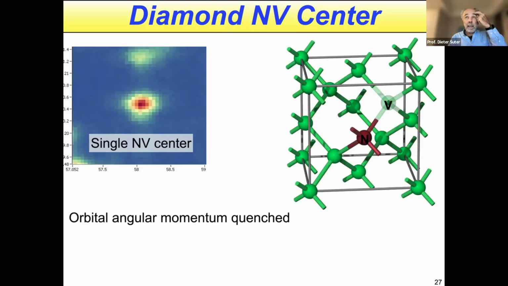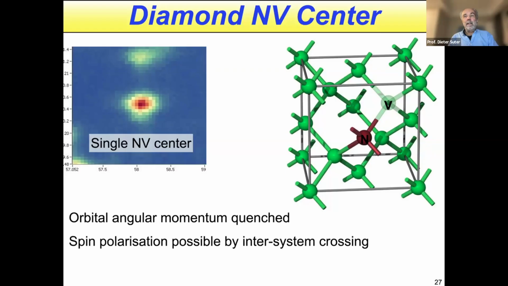Now, in the case of diamond, you also have reduced symmetry, not isotropic, and so the angular momentum is quenched. You don't use optical pumping with circularly polarized light, but again, you can do spin polarization just by laser irradiation. The mechanism here is a bit different again.